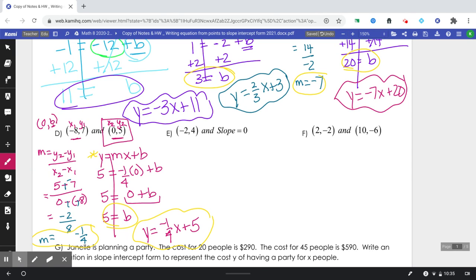So when you got to this point, if you noticed right away, hey, I know that's the y-intercept, I know 5 is b, you don't have to do this. You could have done part A, where you found your slope, and then just went right into writing the equation.